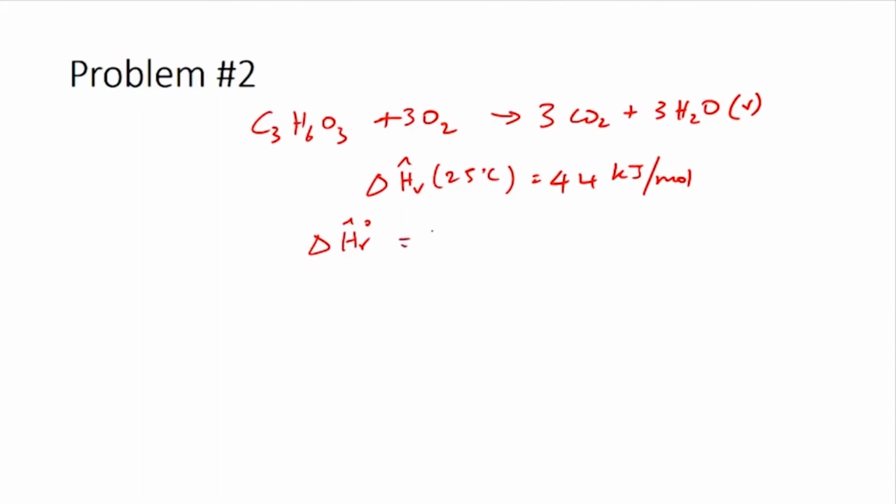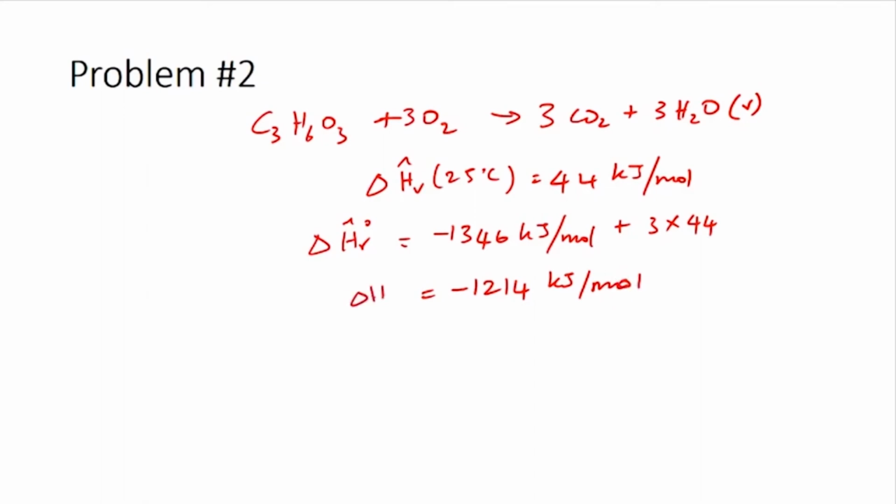That would be minus 1346 kilojoules per mole plus 3 times 44, giving you a value of minus 1214 kilojoules per mole. This would be the heat of reaction if water vapor is being formed.